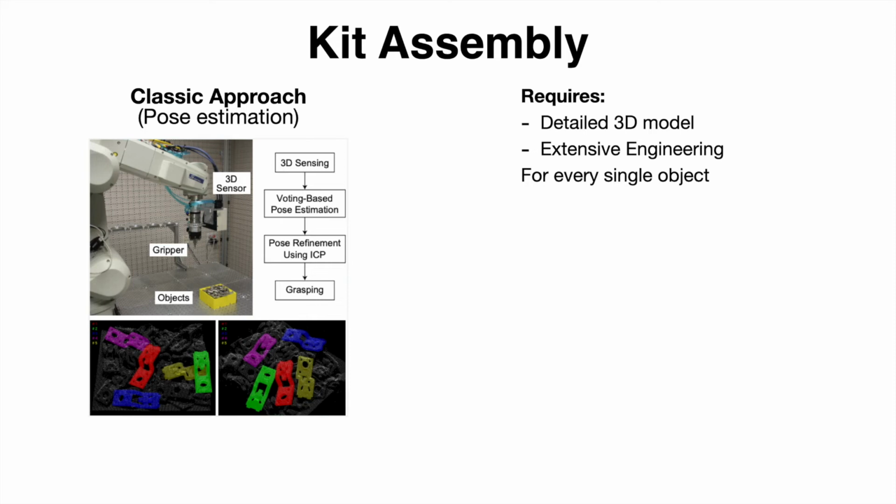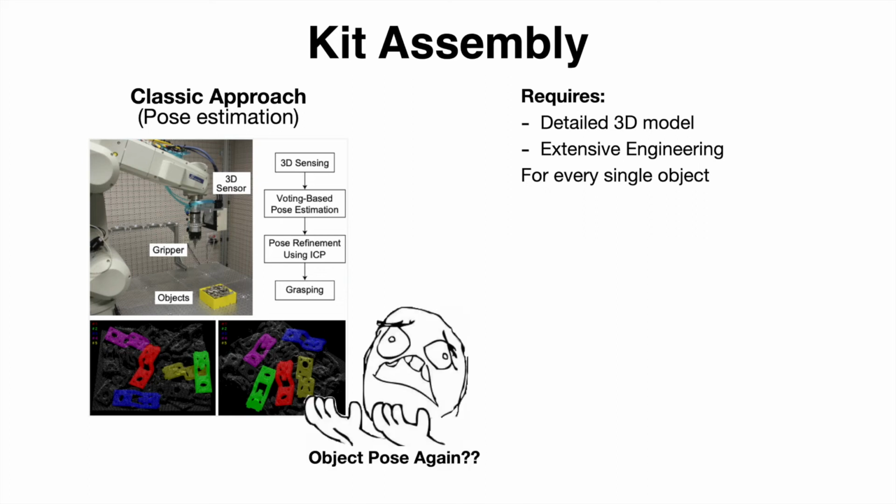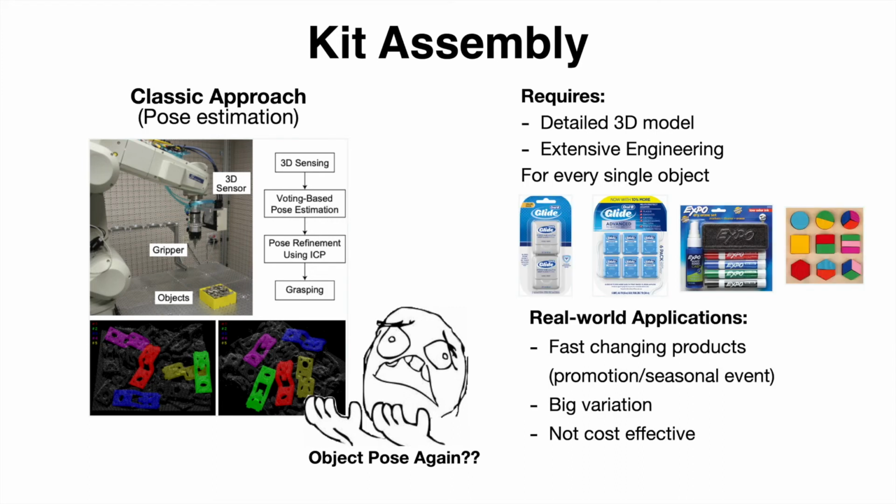Traditional robot assembly systems often rely heavily on accurate object pose estimation, which requires the object's 3D model and expensive manual tuning for each kit unit. So does it mean that we need to go back to the pose estimation pipeline again? Well, the main reason this system cannot be applied in real-world applications is its requirement on object pose estimation.